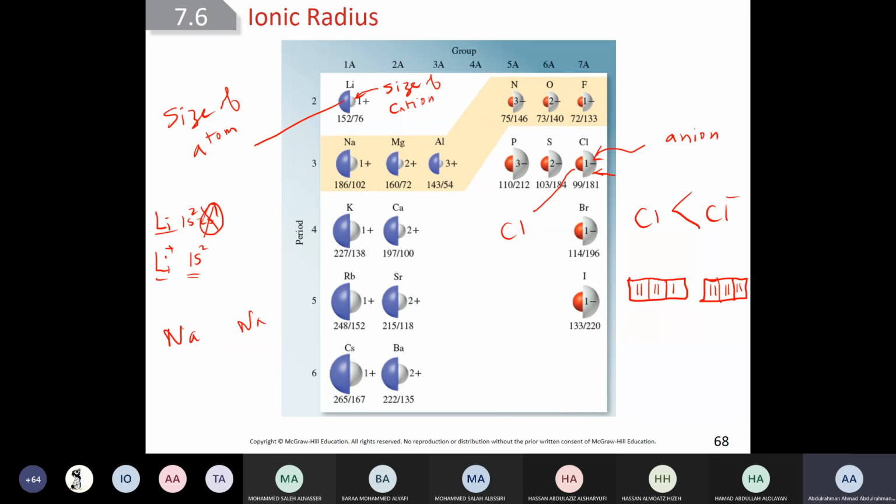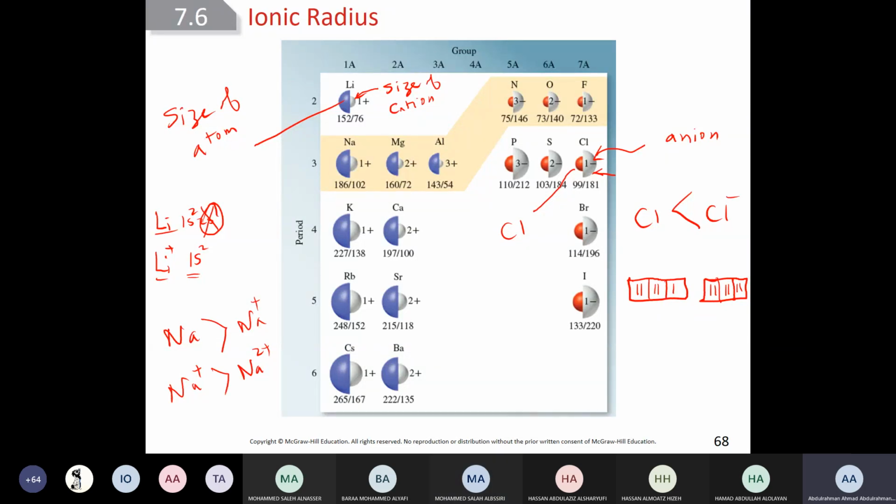Is this clear? Don't memorize any number here, but you have to know which one is bigger, Na or Na plus? Na. Which is bigger, Na plus or Na2 plus? Always, whenever you lose electrons, the size becomes smaller.